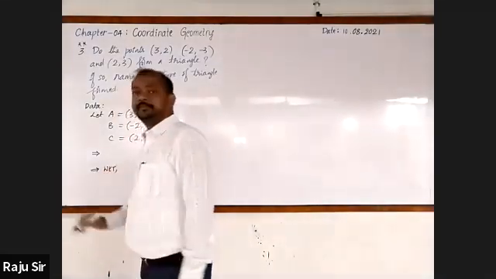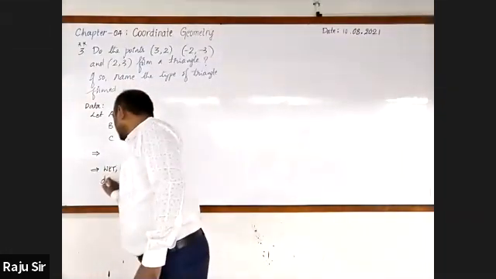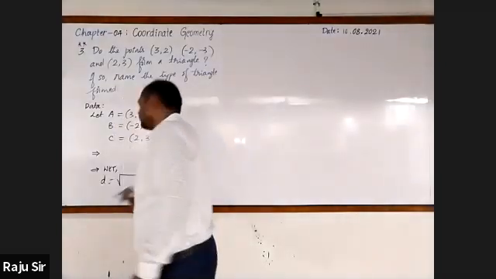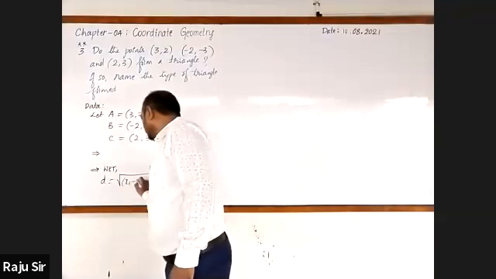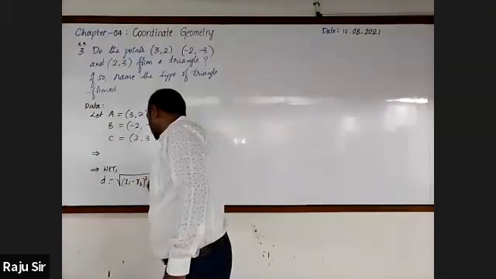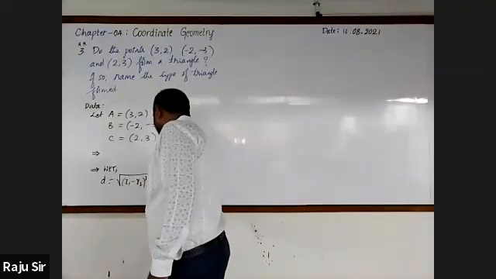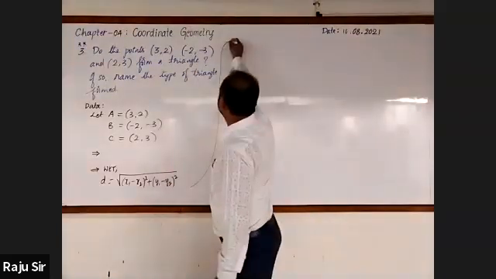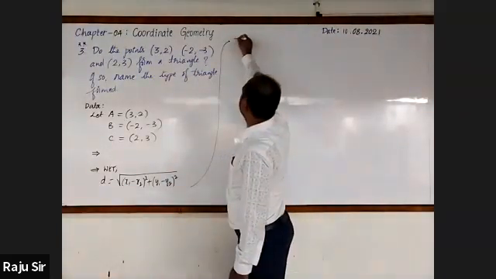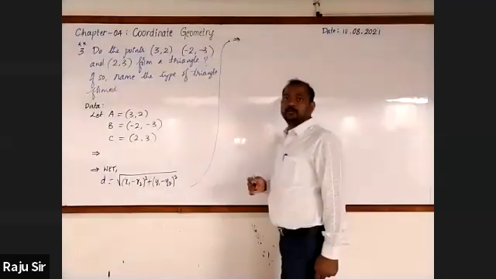We know that the distance formula D is equal to the square root of (x1 minus x2) whole square plus (y1 minus y2) whole square. Let us find out one by one.